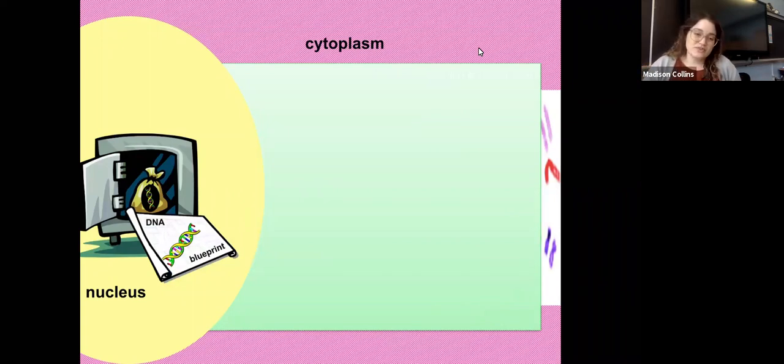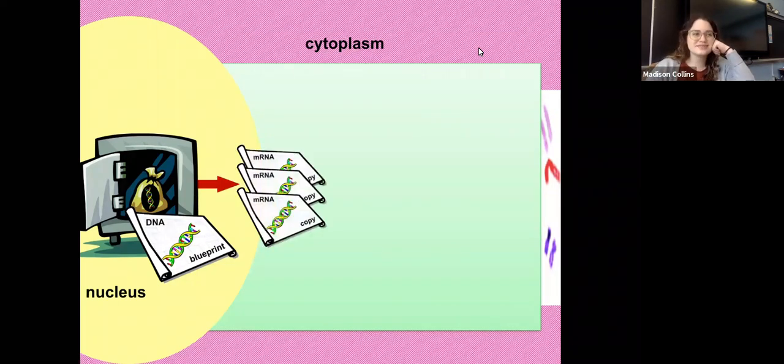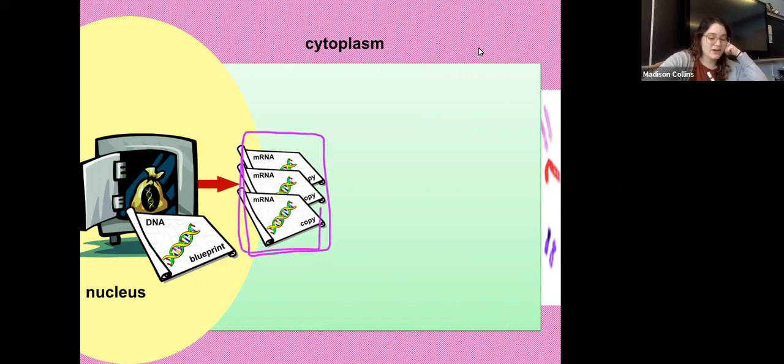So to review, we've got the DNA, a super important molecule, locked away inside the nucleus. It's got the blueprint for how to build proteins. But we build proteins in the cytoplasm, in the ribosomes, and that DNA can't leave. So it has to get the help of this mRNA copy.